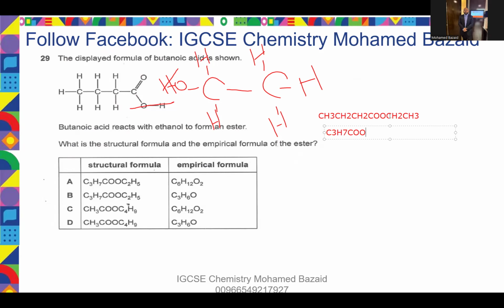Here you have C and here you have C, so 2 carbons, and H3 and H2, so it will be C2H5. C3H7COOC2H5.